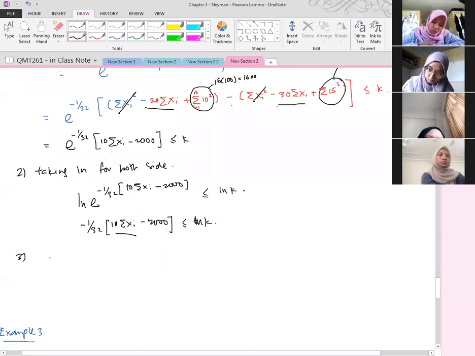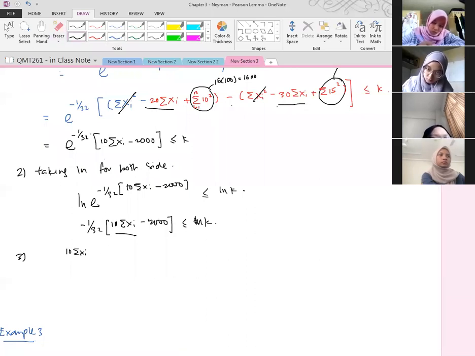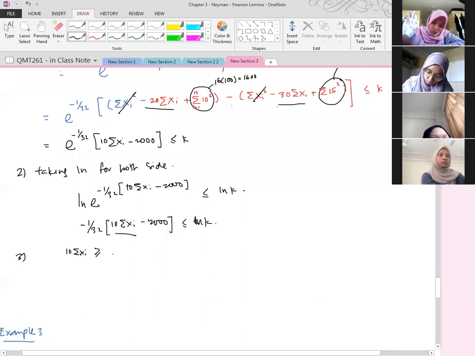So it becomes 10 summation of xi. The notation is different now, so more than or equal to negative 32 ln k plus 2000, right? Because the value is negative here and we move it over there, so the sign will be changed.